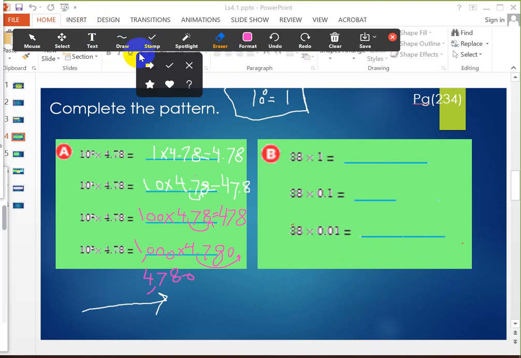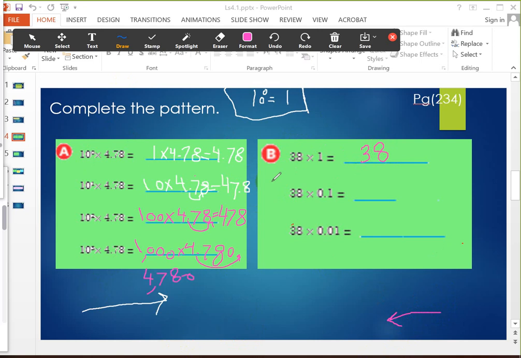What about the next one? Number B. Okay, now look, I will find this pattern, but this pattern is a decimal pattern, not powers pattern, not power of 10. This is a decimal. So that means I have to move the decimal point into the left side. 38 multiply 1 equals 38.